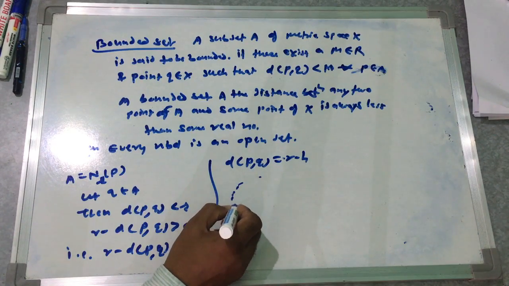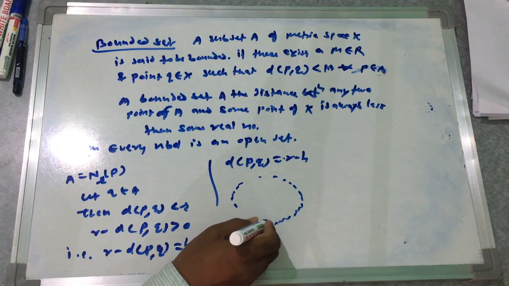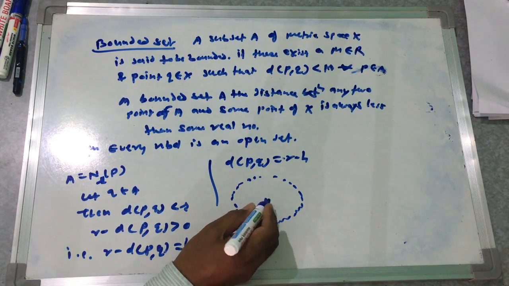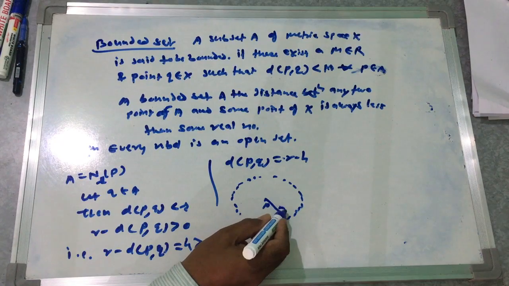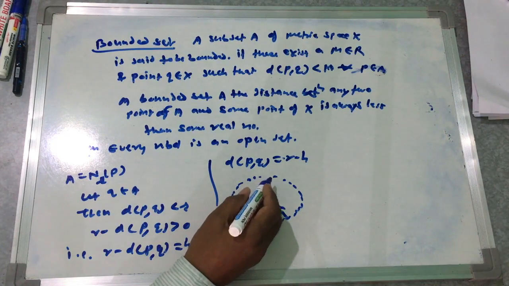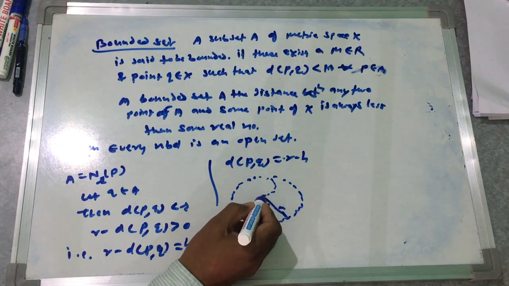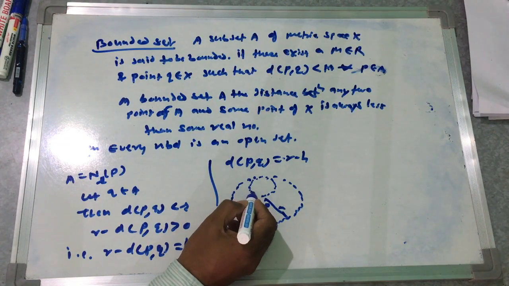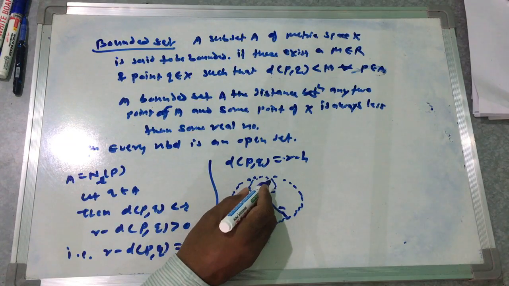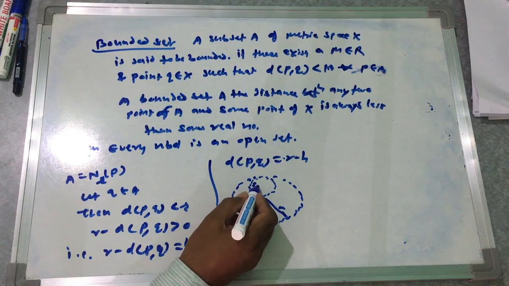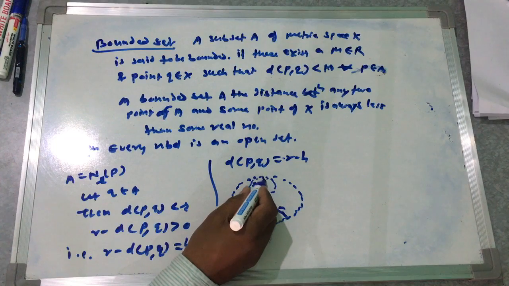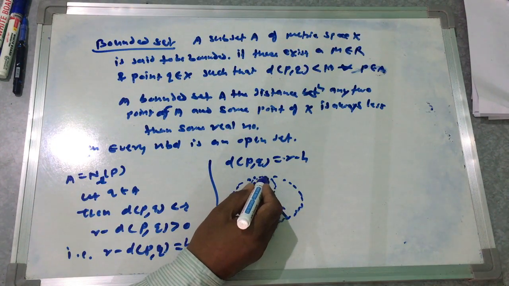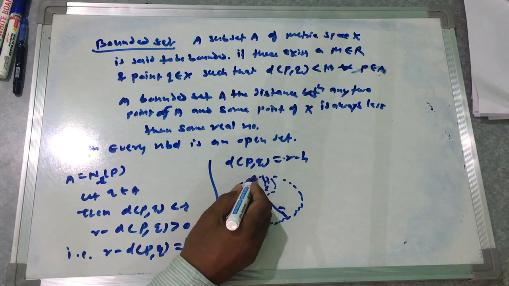How is it? So here this is P, this is r, and again the circle here. Here S is a point, here Q and h here.